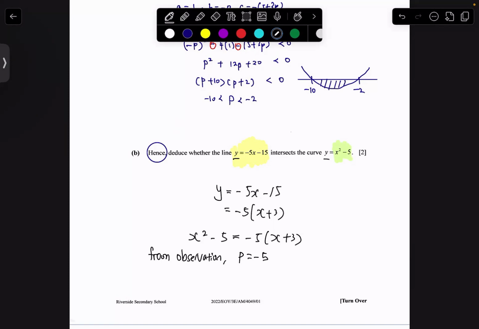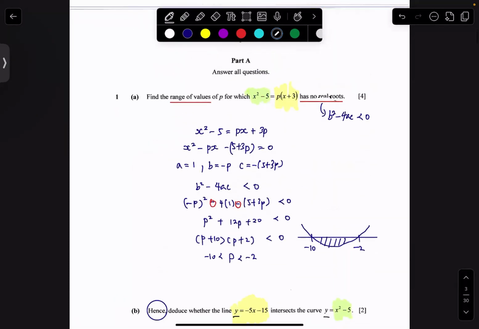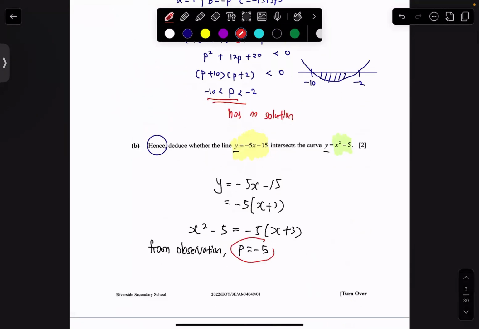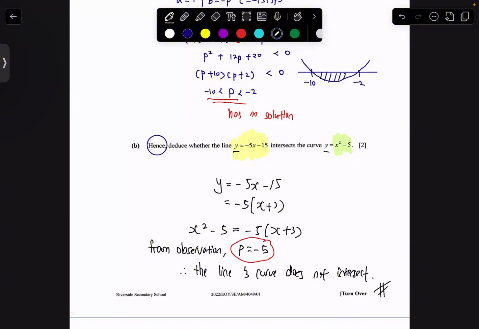Since p equals negative 5, and we know that p in this range has no solution, negative 5 is within that range. So therefore, the line and curve do not intersect, because a line and a curve will have no solution if they do not intersect.